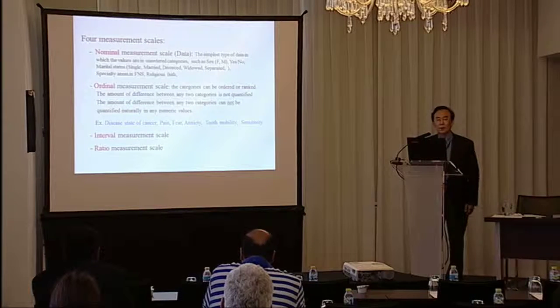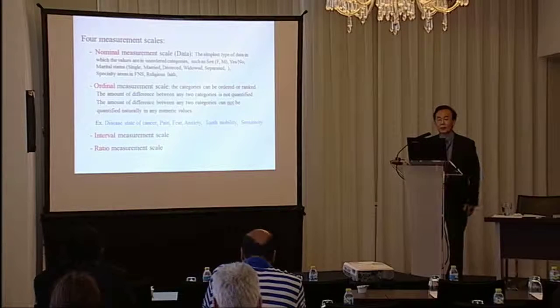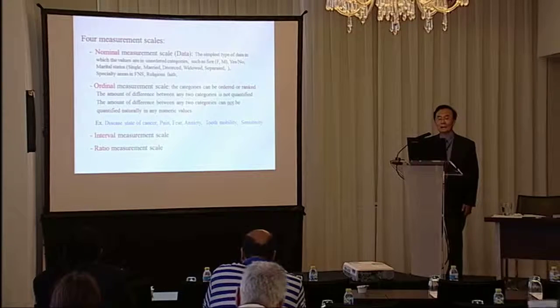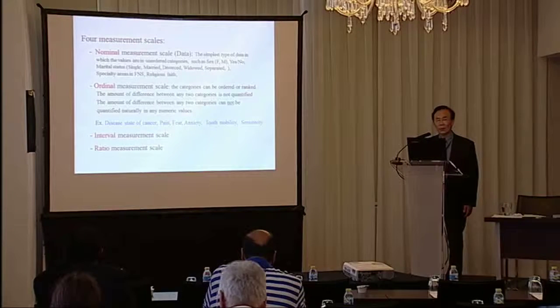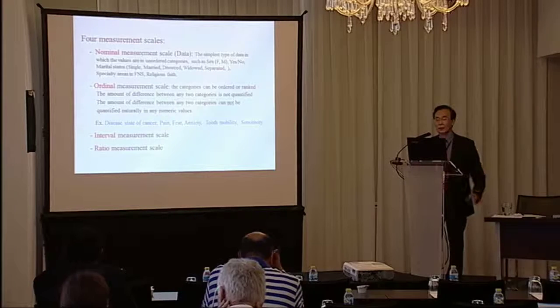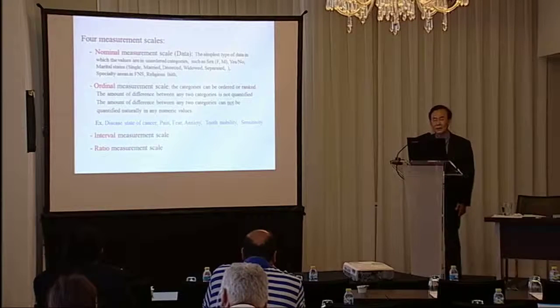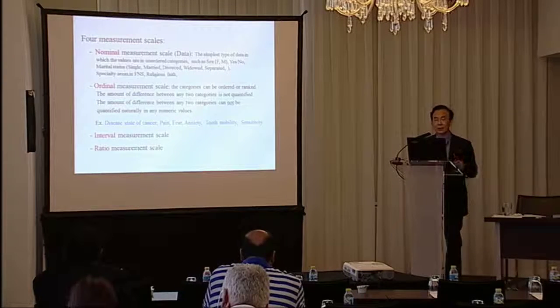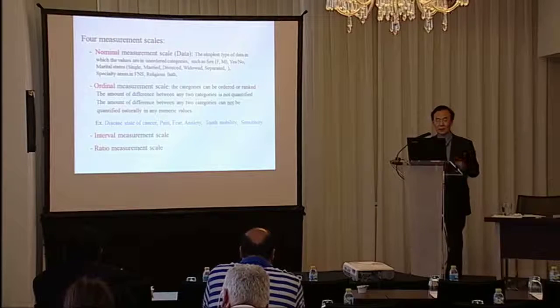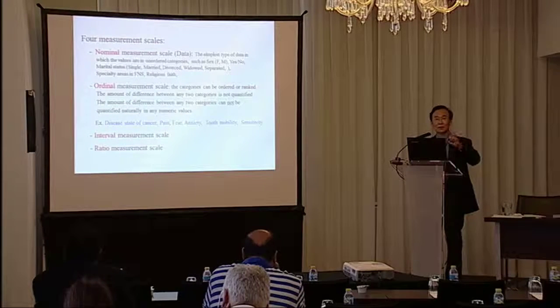Now, let me just quickly go over the ordinal measurement scale. I know you as dental professionals collect lots of ordinal measurement scale data. The categories can be ordered or ranked. The amount of difference between any 2 categories is not quantified, and cannot be quantified naturally in any numeric values. For example, the disease state of cancer: cancer stage 1, stage 2, 3, or 4.